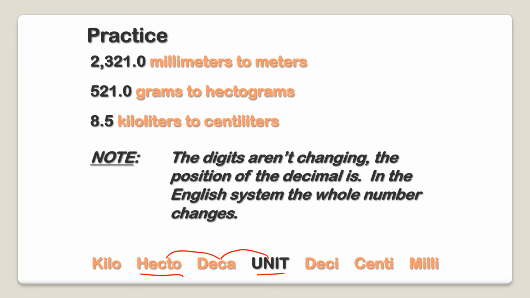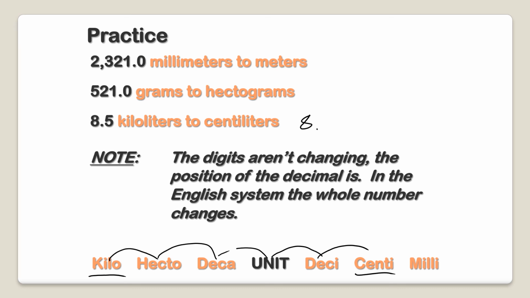8.5 kiloliters to centiliters. So we're starting down here, kilo, and moving here. 1, 2, 3, 4, 5. Okay, so I have 8.5. So 1, 2, 3, 4, 5.